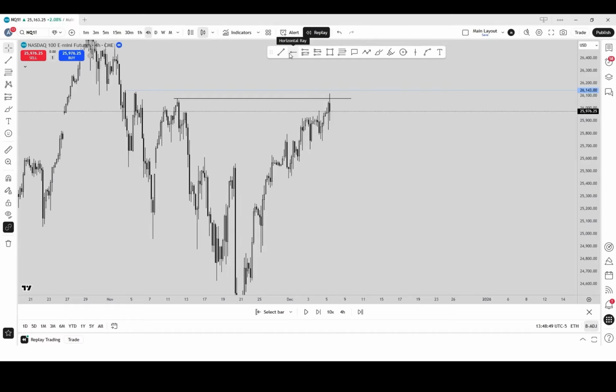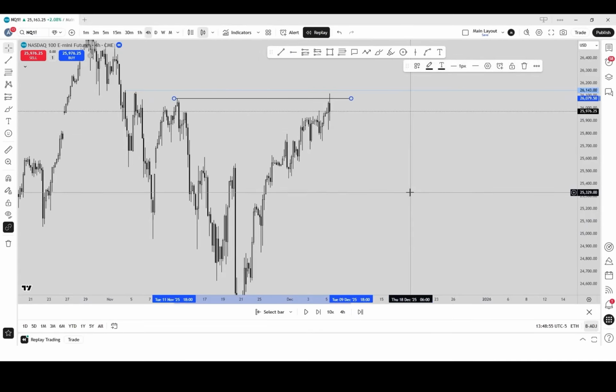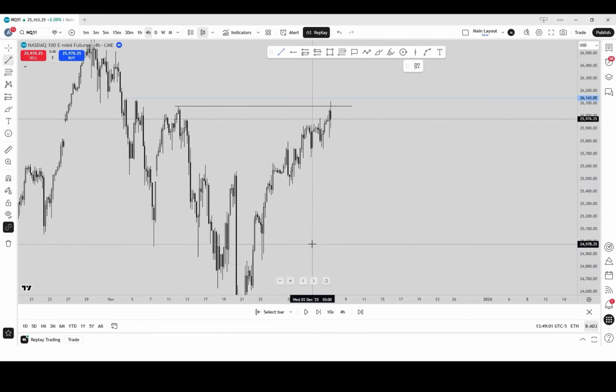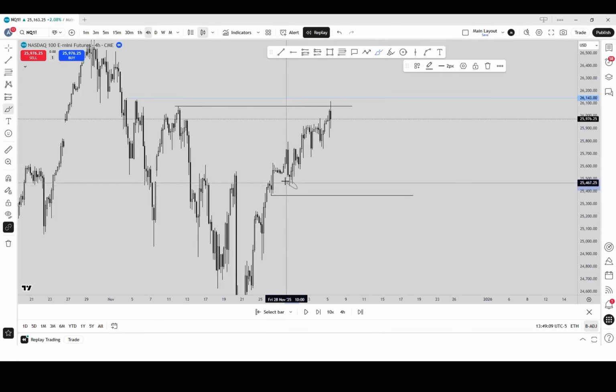Where's the liquidity, guys? Where have we been building liquidity before we've taken out this high? Internal, yes. Where? Sorry, guys, I keep forgetting you can't annotate. Boom. Right there. Why? Simple. Respected lows. Structural liquidity, right?